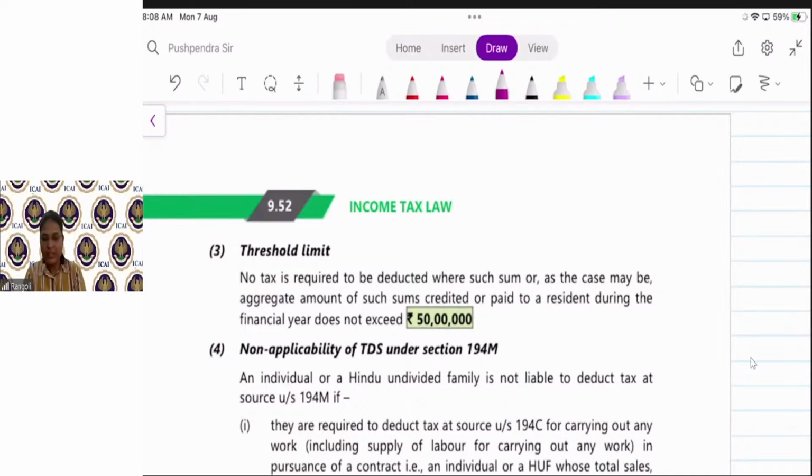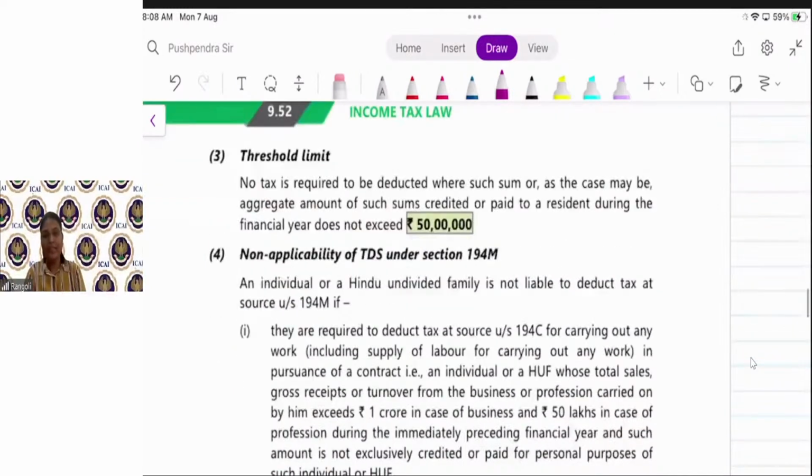Okay. This provision is not applicable in case of those individual or HUF who are liable to deduct TDS under section 194C. That means if you are an individual and in last financial year your turnover is more than 1 crore, then you need to deduct TDS under section 194C for contract, 194H for commission, and 194J for fees for technical services or professional services.